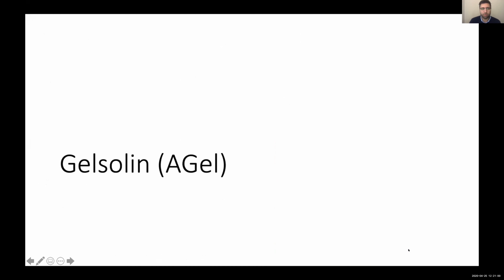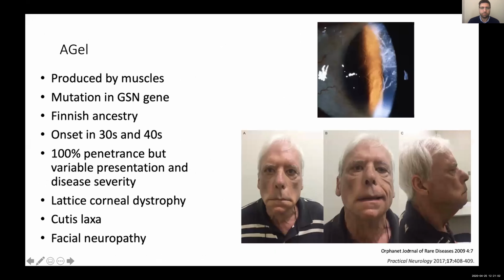So let's first start with the gelsolin or AGel. This gelsolin protein is produced mainly by the muscles, and a mutation in the GSN gene causes the disease. Most of these patients have Finnish ancestry, and most of the cases are actually found in Finland.